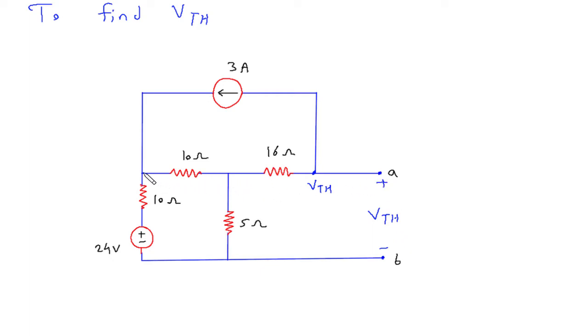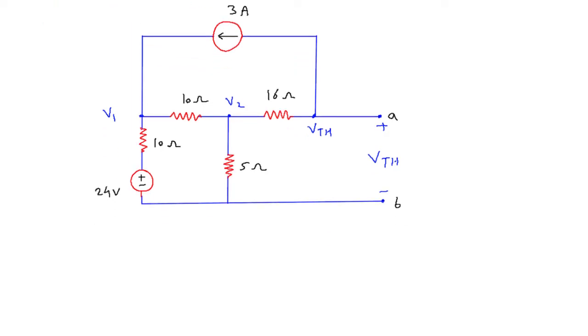Let's assume this is node V1, this is node V2 and this is node VTh. We will use nodal analysis here to find VTh. We will apply KCL at node V1.